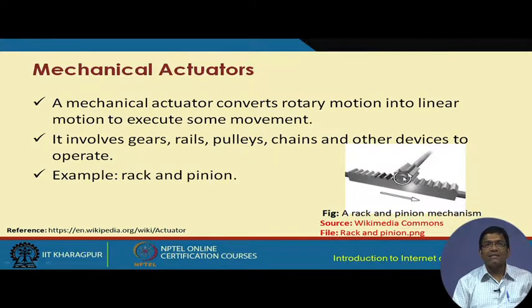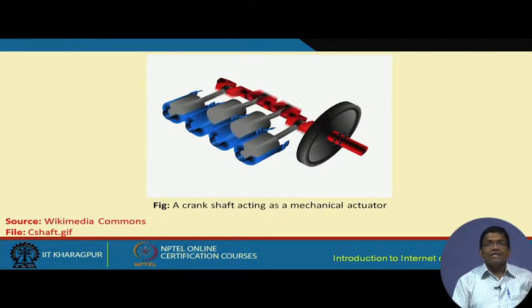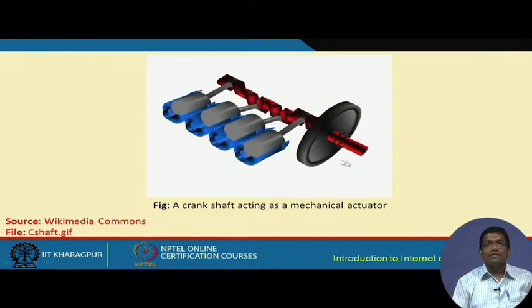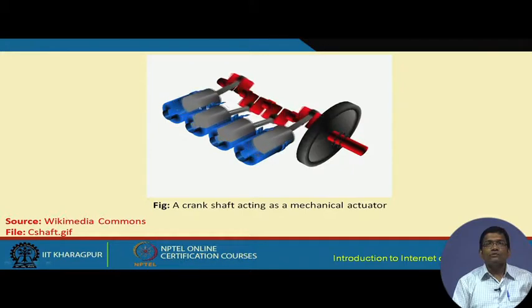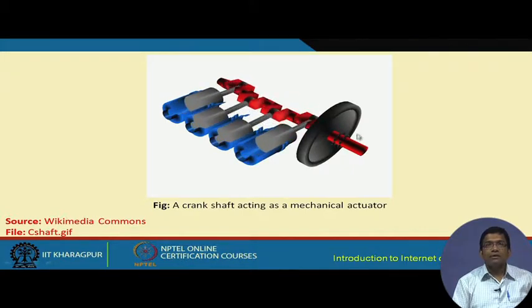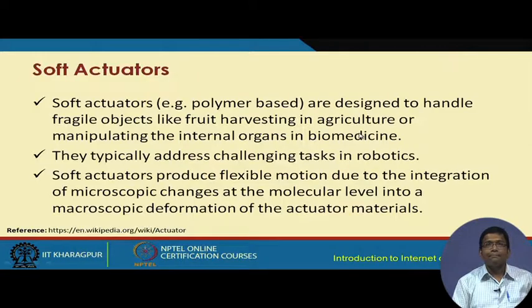As it moves, this also moves. A crankshaft is another example of a mechanical actuator. This is how the crankshaft works: as this moves in this manner, it gives a rotary motion.